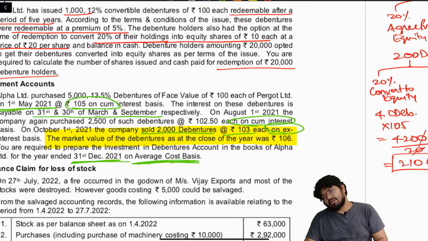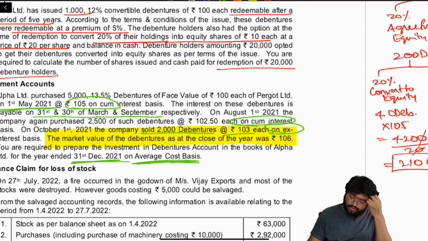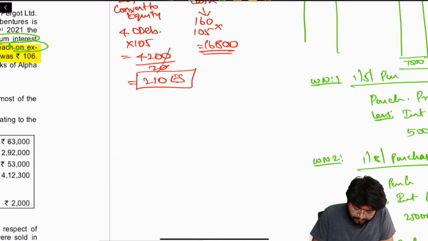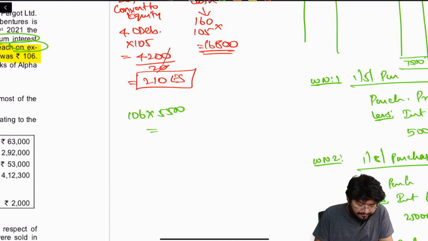Yes, sir. Now, this 106 rupees, 106 into 5,500, how much is it? 5,83,000. However, on cost basis, you have got a value of only 5,60,000 something.